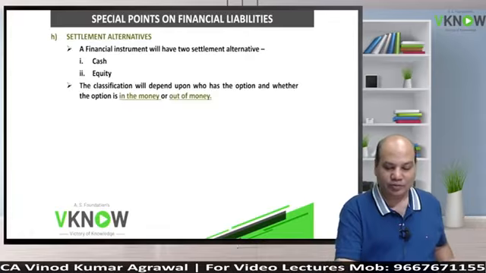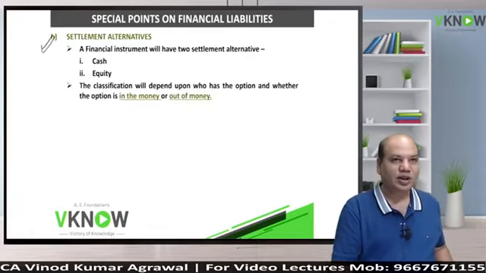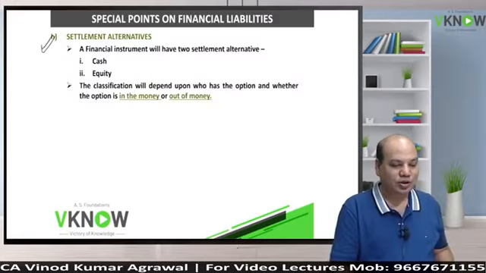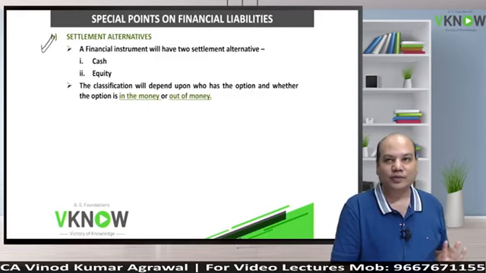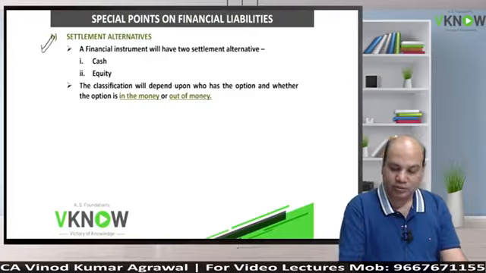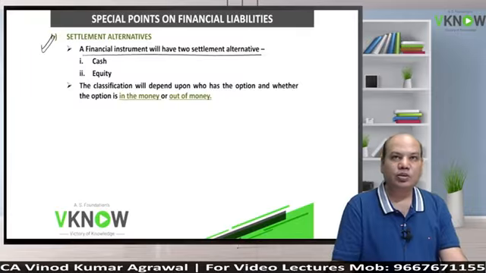Next point, important point, put a tick mark, because on this we are going to solve a few questions after some time. Settlement alternative. Settlement alternative means a financial instrument can give you two settlement alternatives, like an optionally convertible debenture. An optionally convertible debenture gives the holder two options.